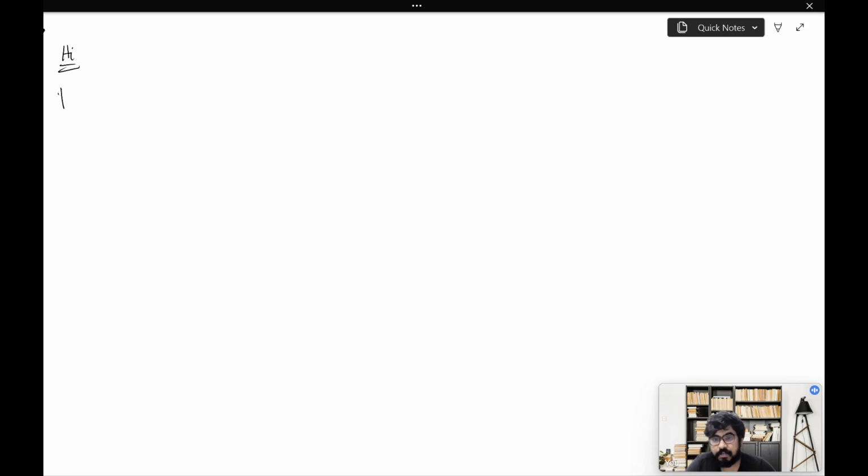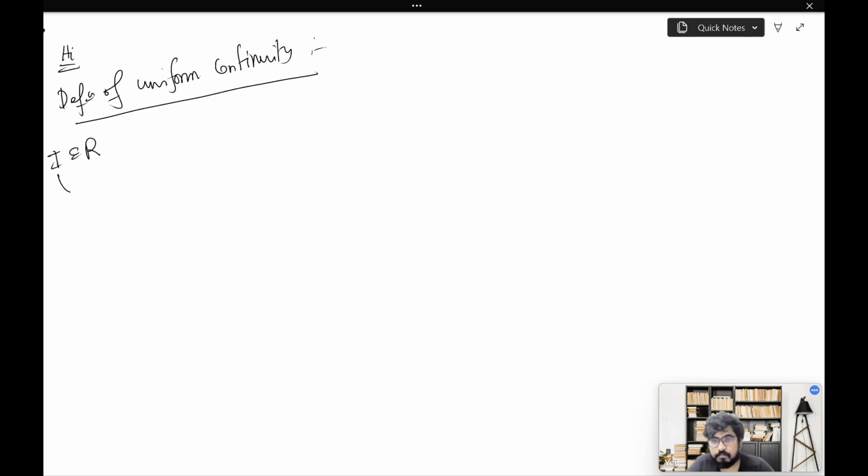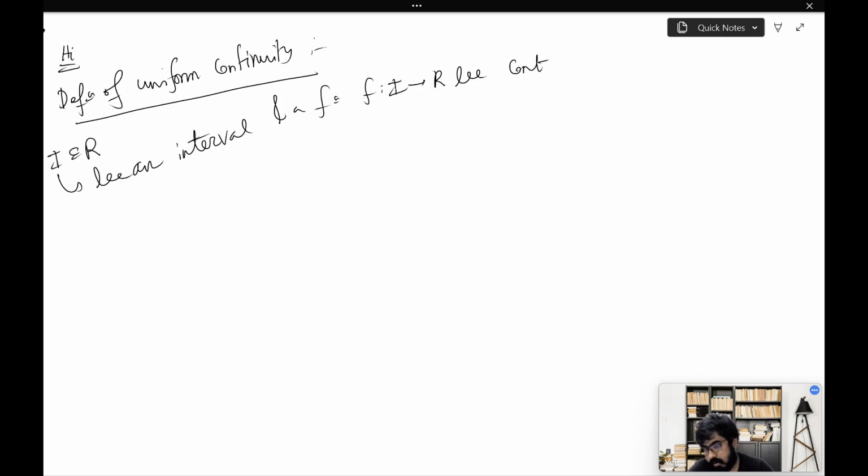So let's do the definition of uniform continuity. Let I subset of R be an interval, and a function f from I to R be a map.